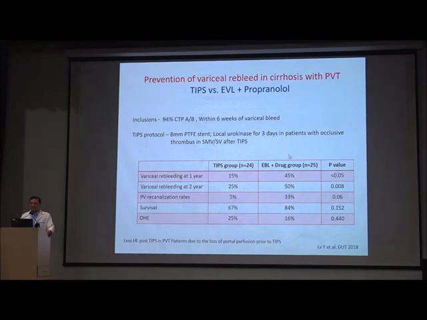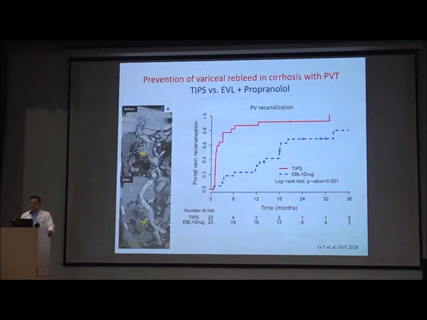They showed that the risk of rebleeding at the end of 1 year and 2 years was much lower with TIPS as compared to EVL plus propranolol. Moreover, portal vein recanalization was achieved at a much higher rate in patients with TIPS as compared to EVL plus propranolol.